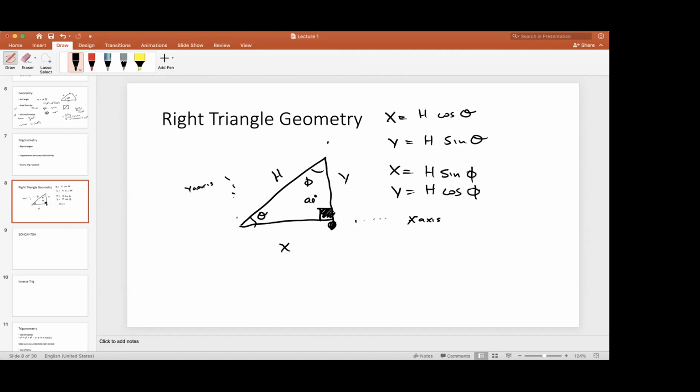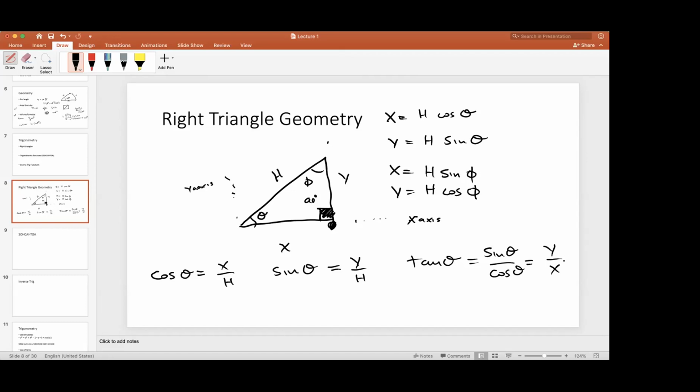All well and good. It turns out that these give us a few kind of cool things. We get that cosine of the angle is x over h, and sine of the angle is y over h. And tangent of the angle is actually sine over cosine, which, if you see here, the h's will cancel, and you get y over x.